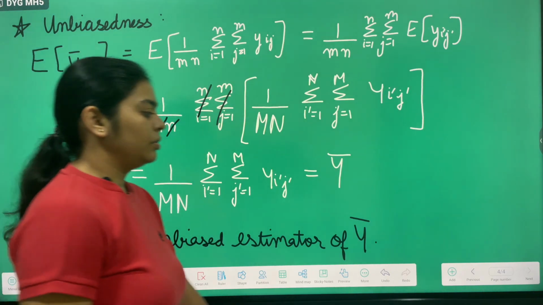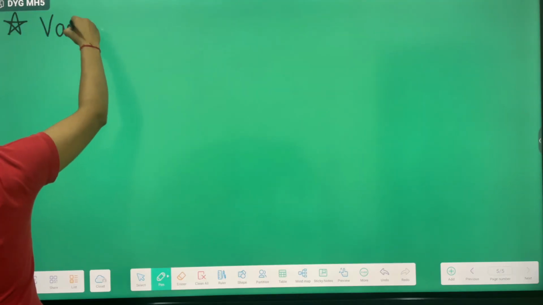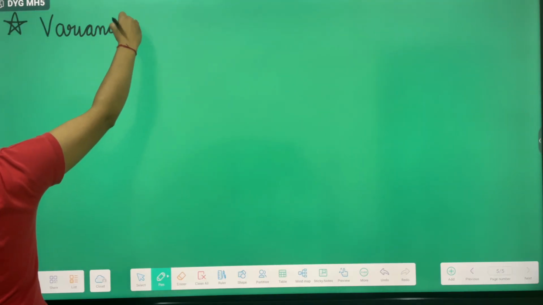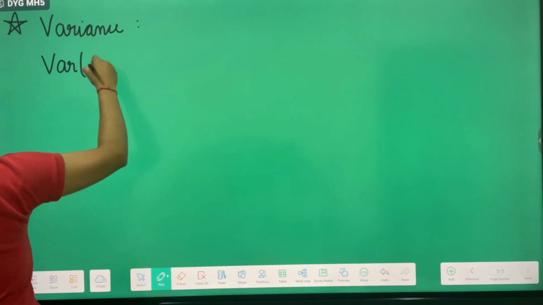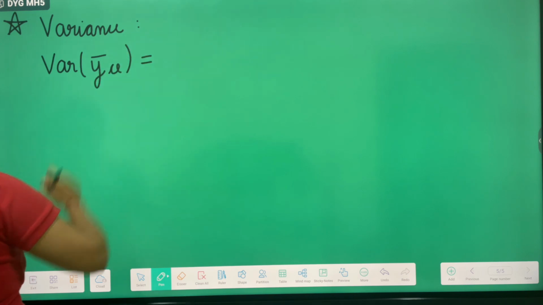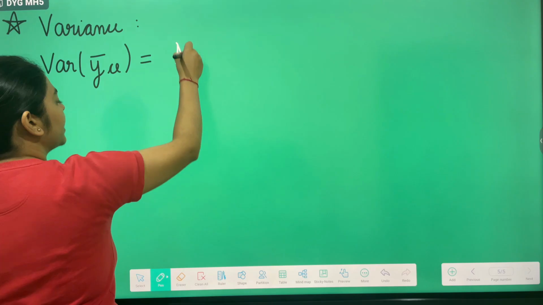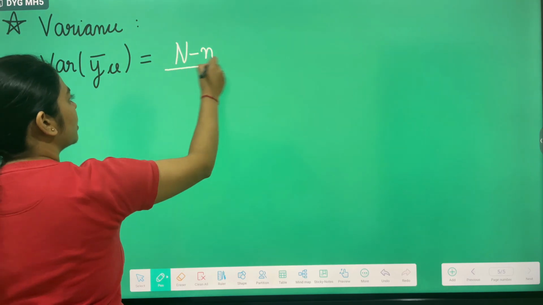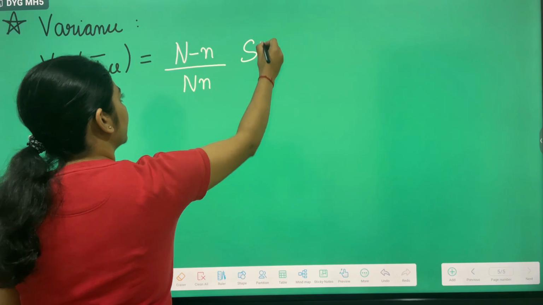Now the second step is to find the variance. If we have to calculate the variance of y bar circular sampling, we can take it as capital N minus small n upon N into S_B square.